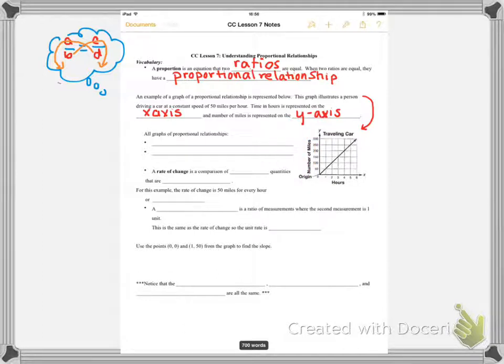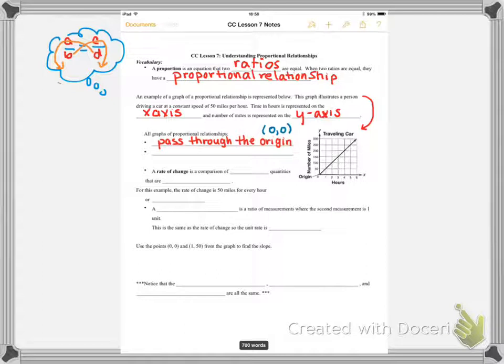All graphs of proportional relationships have two things that are true. They pass through the origin, and what that means is they pass through that 0, 0 point. That is a reminder that that is the origin, and we see that right here.